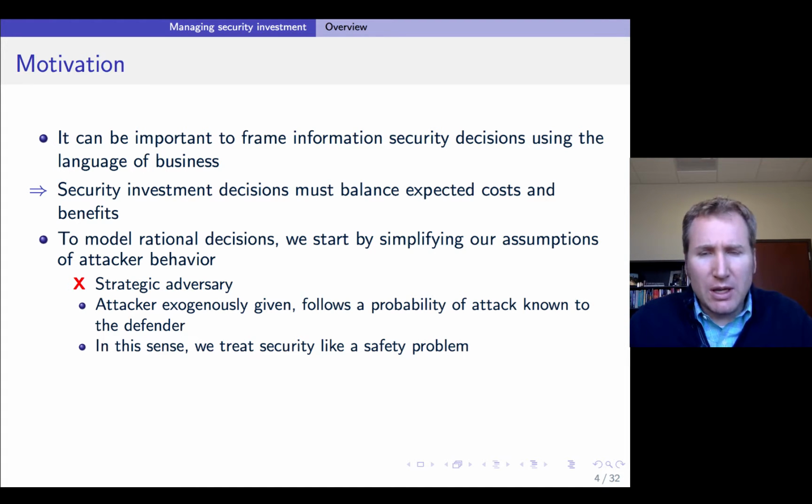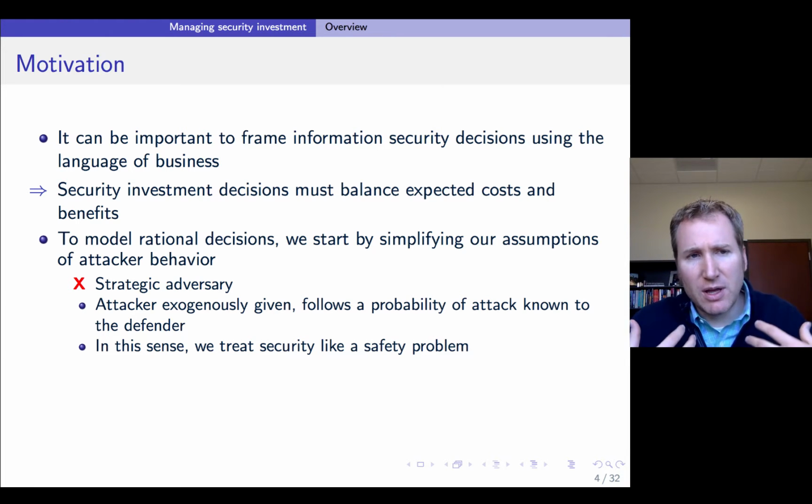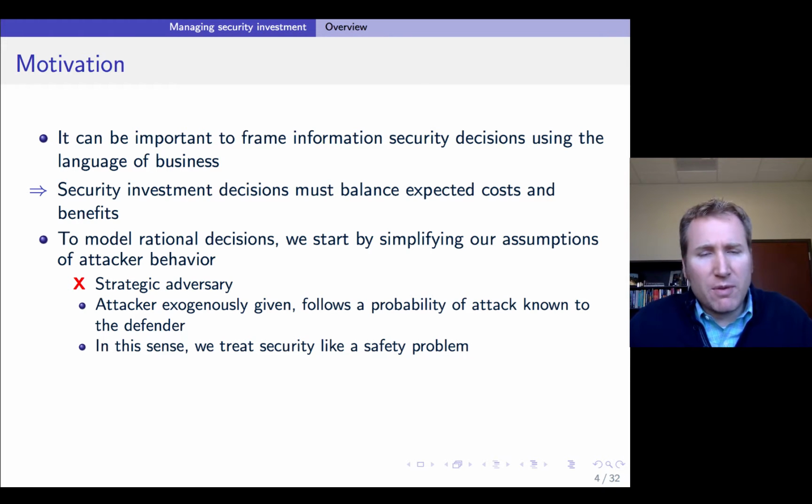And so, even though in this class we've been emphasizing that attackers are strategic, for simplicity, the metrics we'll be talking about assume that the adversary is not strategic, that they're instead just given to us, and they follow a predictable behavior, and from that we can describe probabilities of attack. So, in a certain sense, we are reducing security to a safety problem.